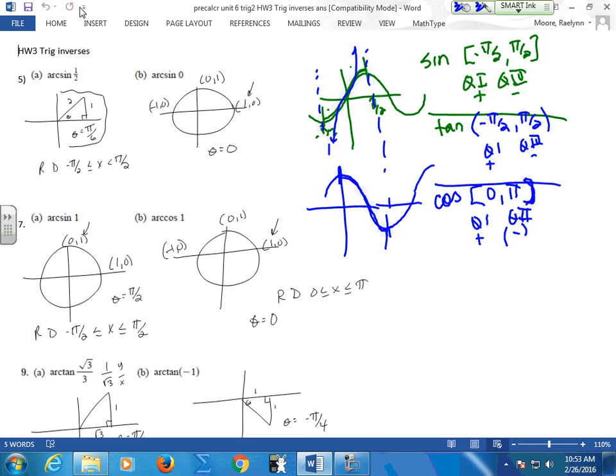Those are the things you need to know. Now, when we ask you arc sine, arc cosine, arc tangent, that's asking for an angle whose restricted sine is, whose restricted cosine is. When this says arc, it means give me an angle.